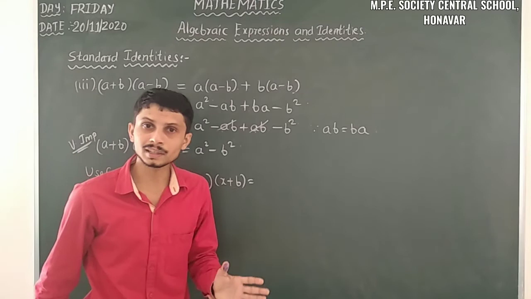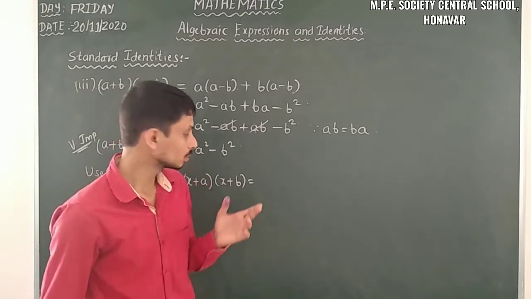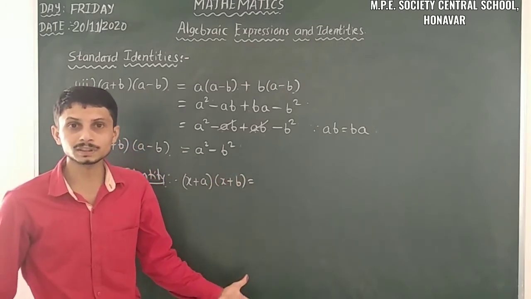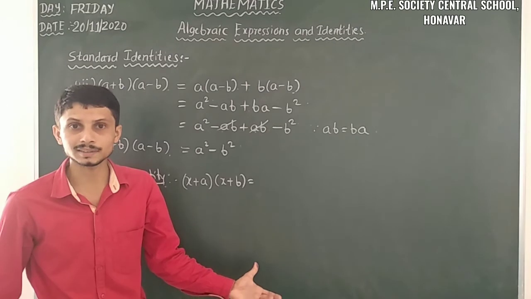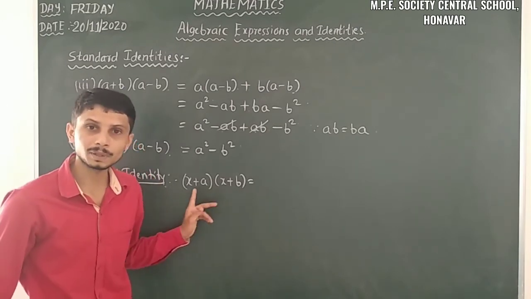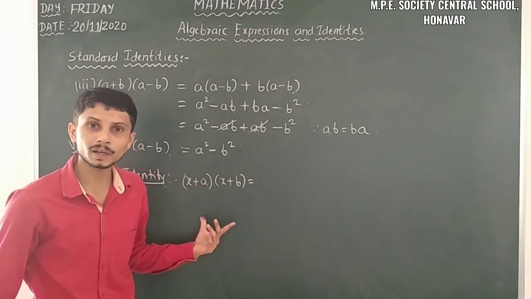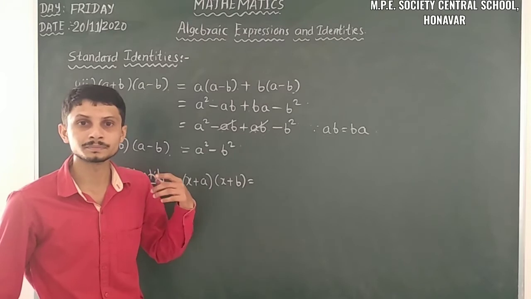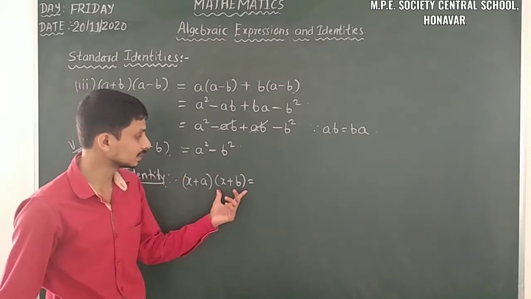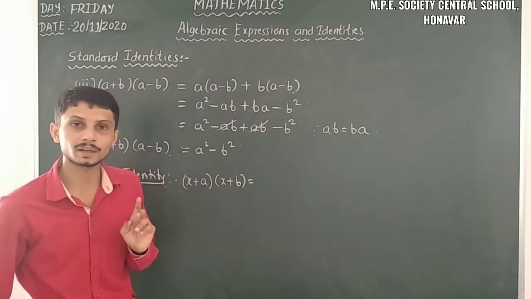So for such an equation we have to take a standard identity. For this we have to solve it, and after that, whatever expression we have, we take it as a standard. So here we have a multiplication of two binomials. We consider one of the binomials as a monomial and the other as a binomial.